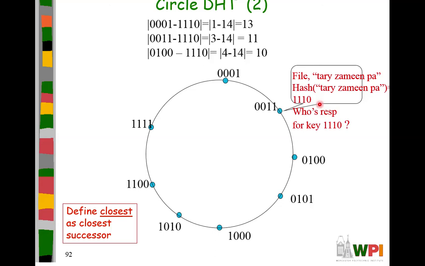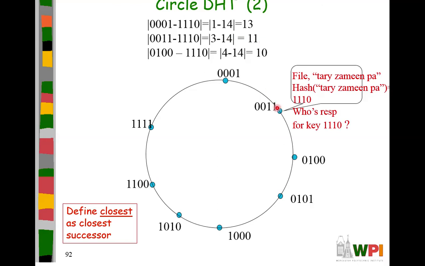So who is responsible for storing this file? How is it done? This peer compares its own identifier with this key. For example, this identifier is 011, and its difference from this key is 11.